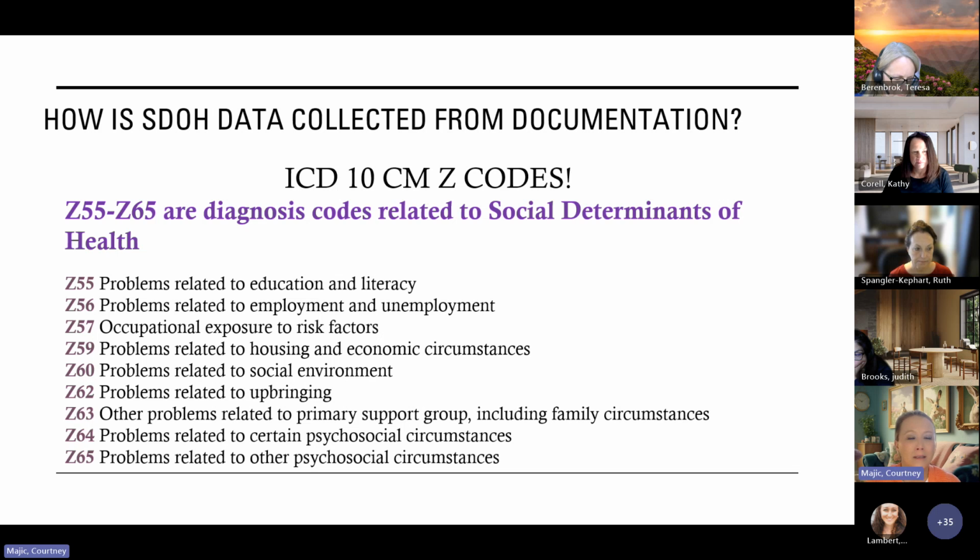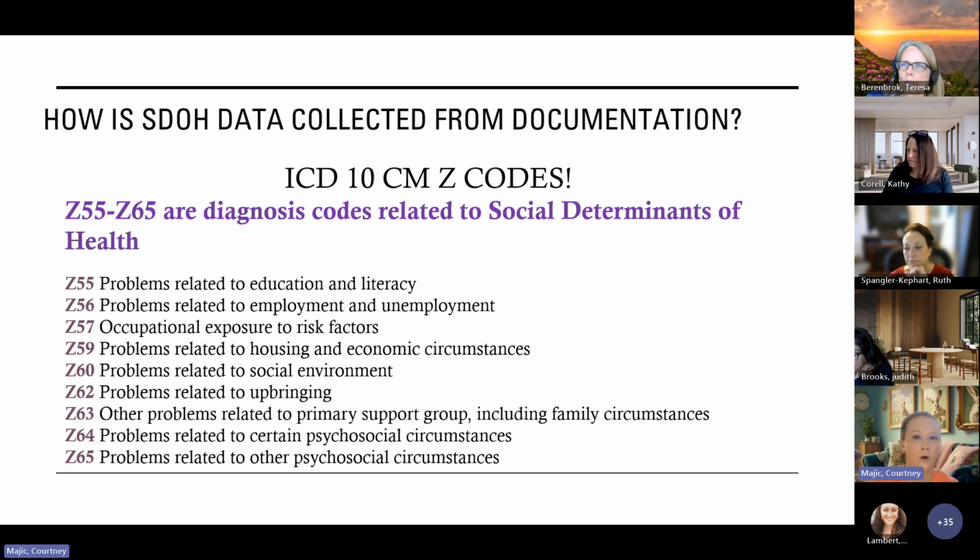All right, so now we're going to talk about how social determinant of health data is collected. I think we all know the answer to this. It's with those ICD-10-CM Z codes. We have our list here of Z55 through Z65.